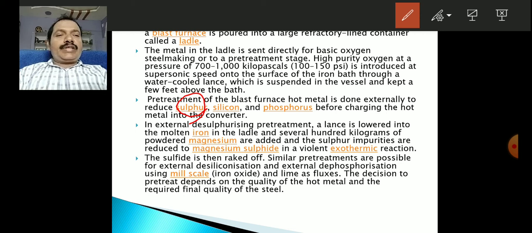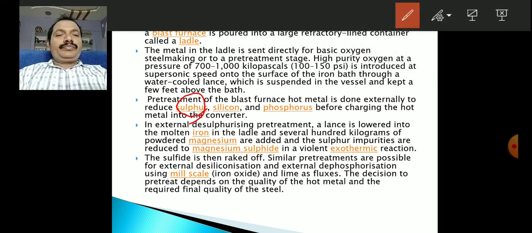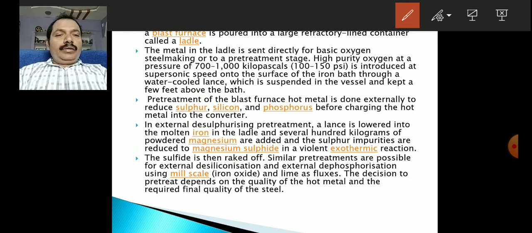Because of the exothermic reaction, the magnesium will take away the sulfur with a reaction product, magnesium sulfide. So with that it is somewhat possible. The sulfide is then raked off.